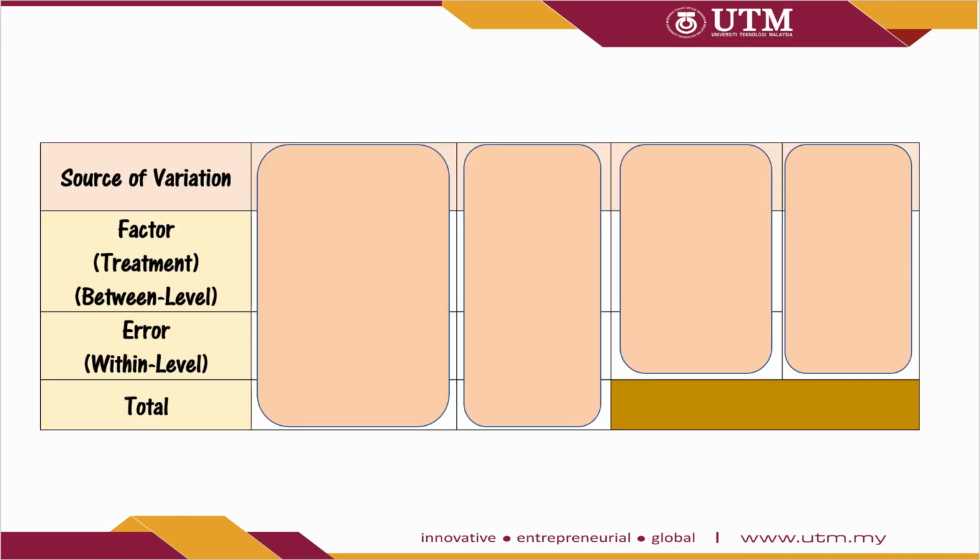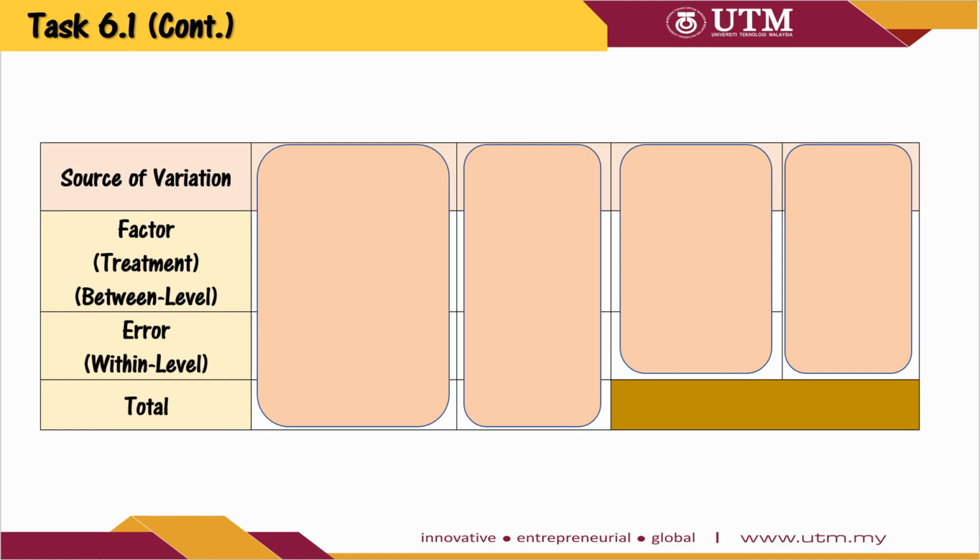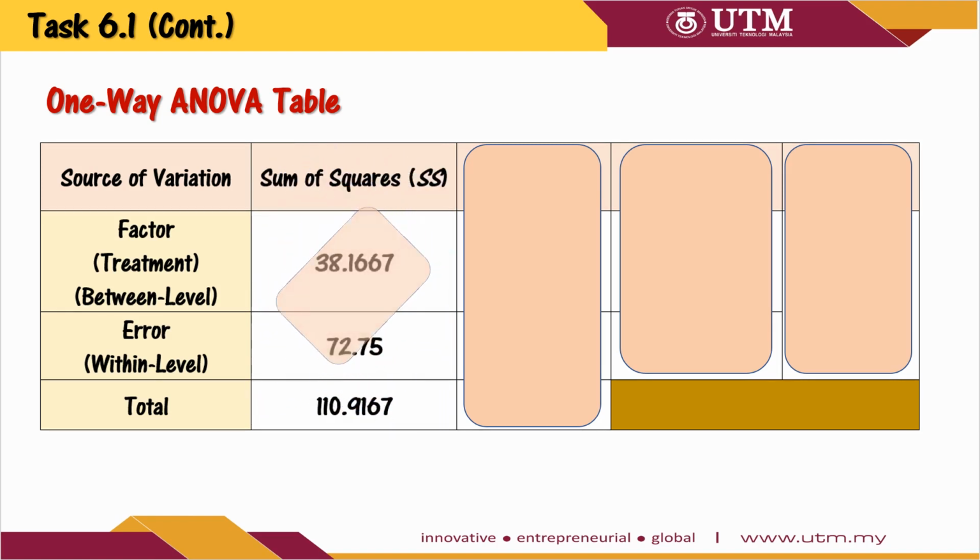After calculating the sums of squares for task 6.1, now you can construct the one-way ANOVA table and insert the sums of squares in the correct cells of the ANOVA table. Please make sure you follow the correct order of the table, where the first column is the source of variation, followed by the second column, which is the sums of squares.